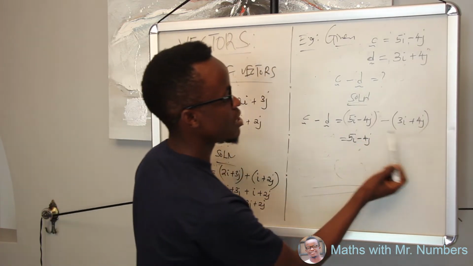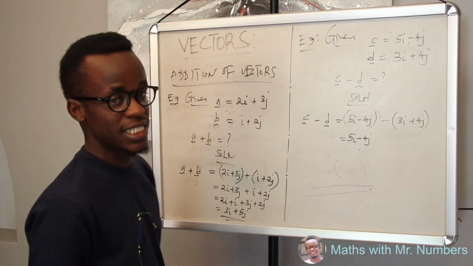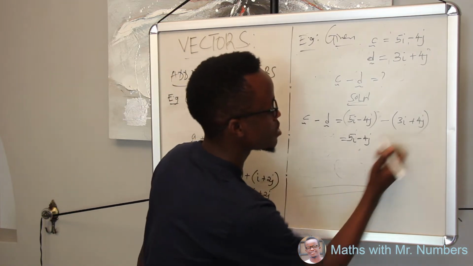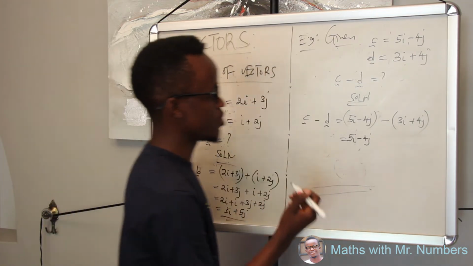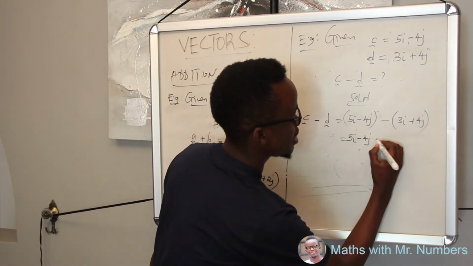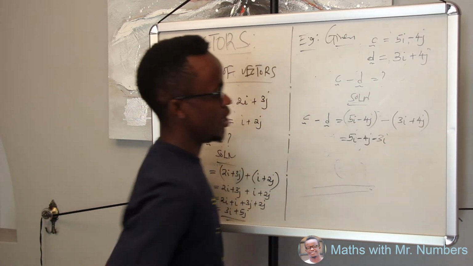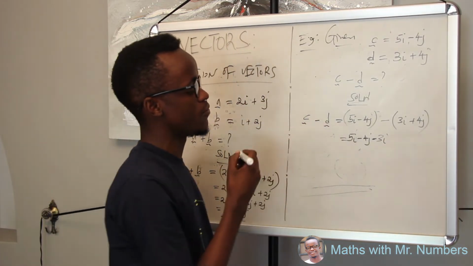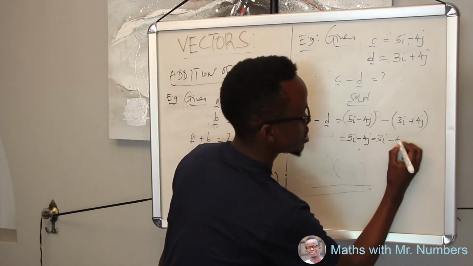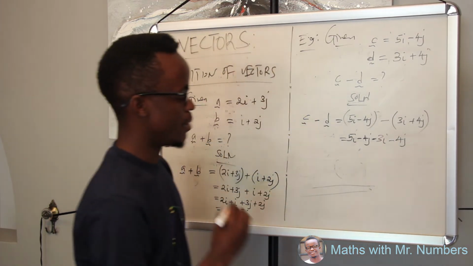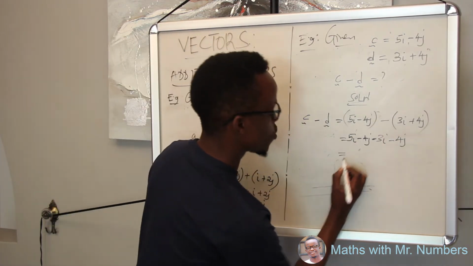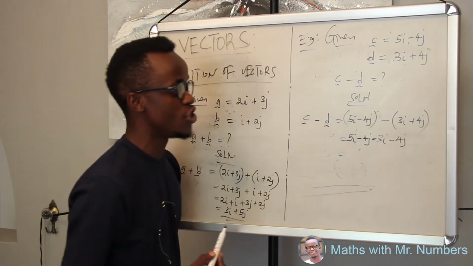But the number outside the bracket of vector D is minus 1. Therefore, minus 1 times positive 3i is minus 3i, and minus 1 times positive 4j is minus 4j. Therefore, we are going to collect the like terms, i with i and j with j.